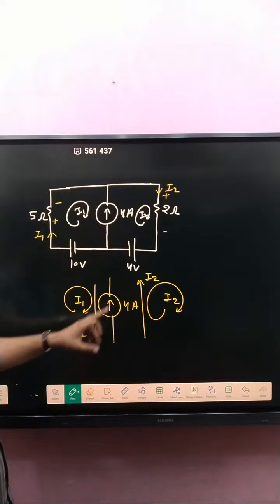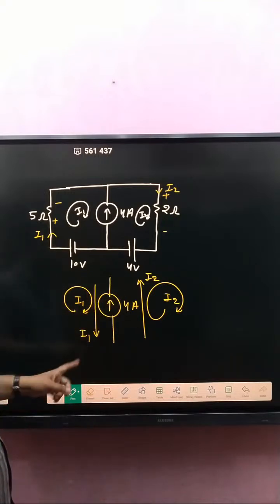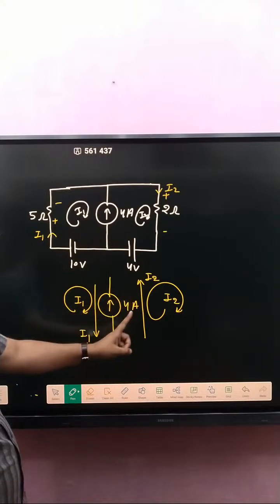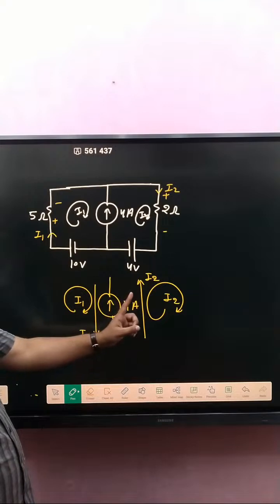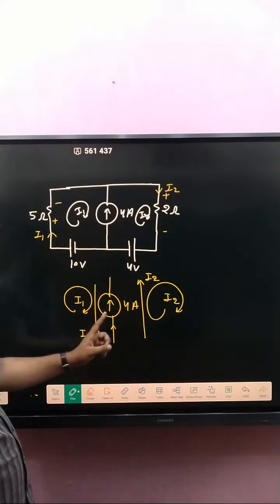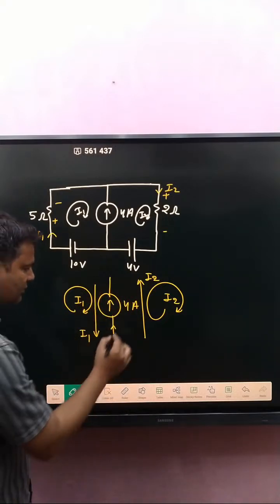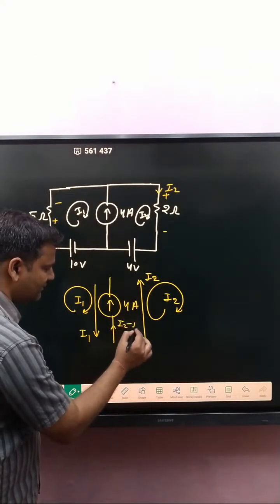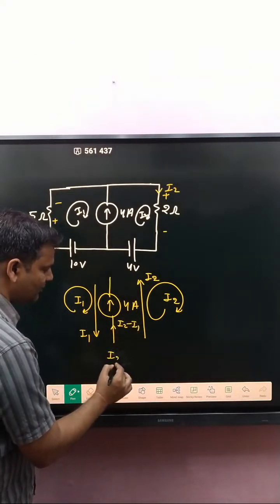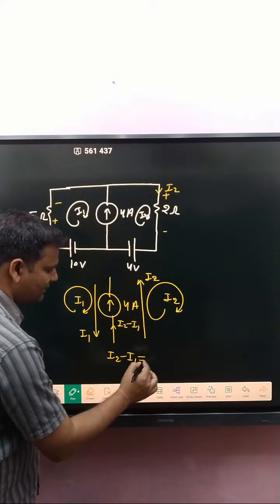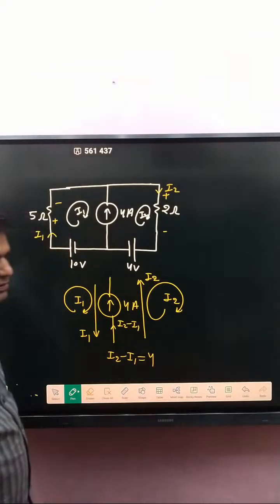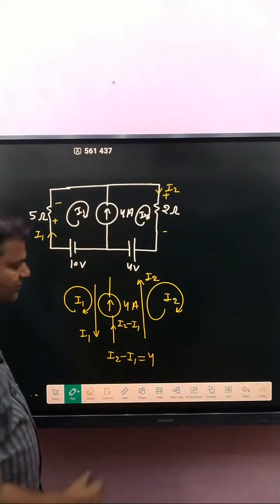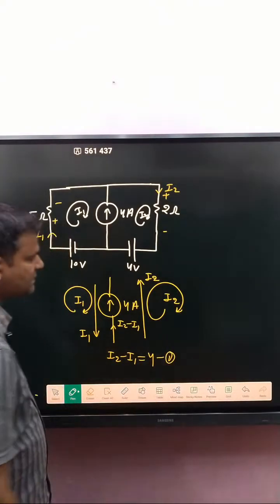So what is the relation between I1, I2 and 4 ampere? Simply, consider that current is positive direction and this one is opposite to that one, so written here I2 minus I1. So I2 minus I1 is also branch current and 4 ampere is also branch current. So I2 minus I1 is how much? 4 ampere. That is equation number 1.